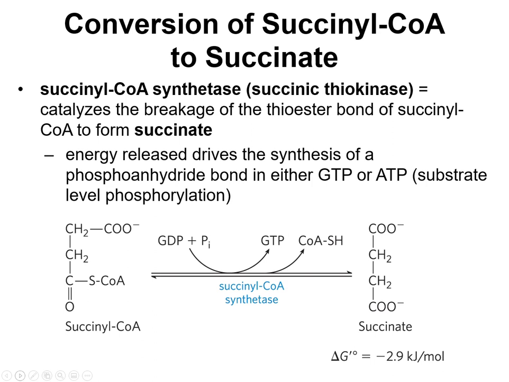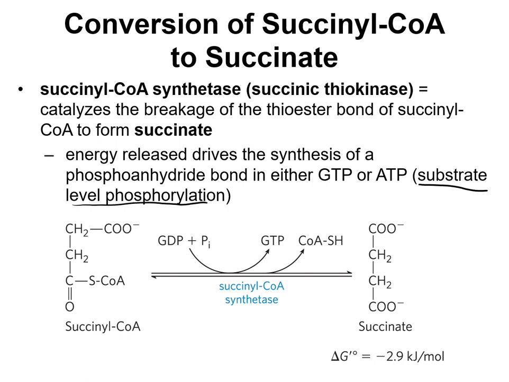You do need to know that substrate level phosphorylation occurs in the citric acid cycle, and you need to know where. And this is where. When you're taking that CoA off of the succinyl-CoA to create succinate, and this is the beginning of the kind of anabolic half of the citric acid cycle, where we're going to start building up this molecule to recreate oxaloacetate again.